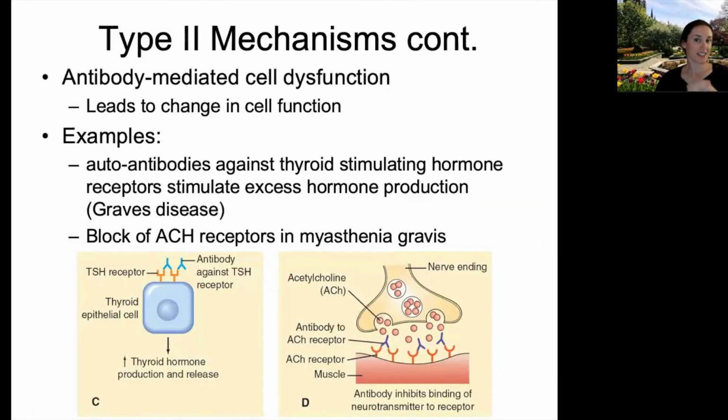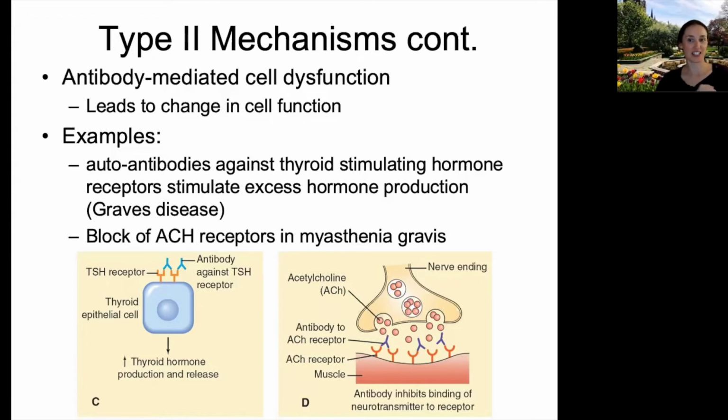These antibodies can also contribute to cell dysfunction rather than destruction. It's going to lead to a change in the cell function. So an example that we can use is an autoantibody against the thyroid stimulating hormone receptors.